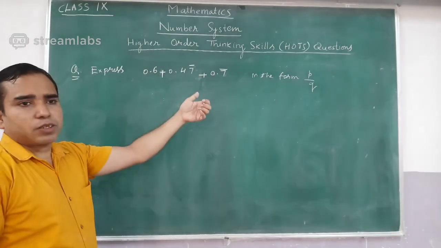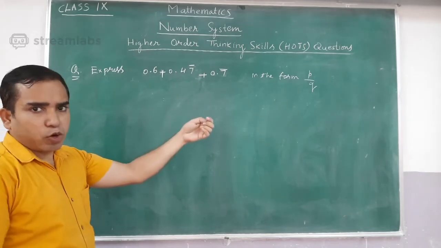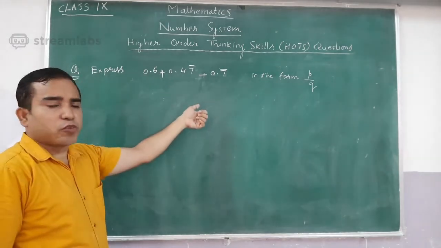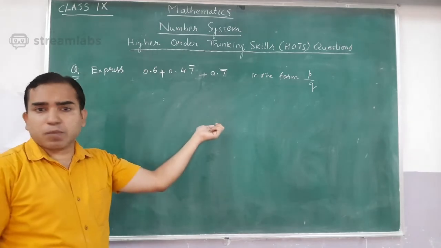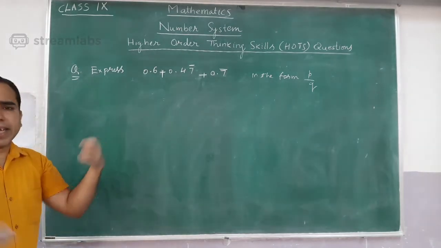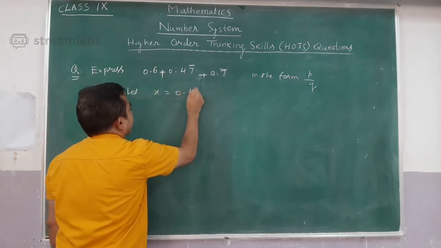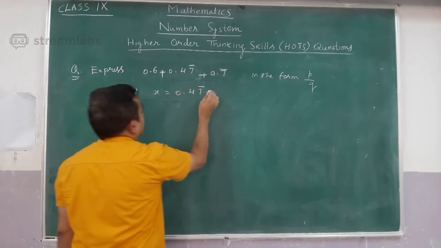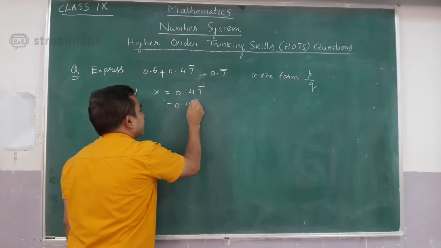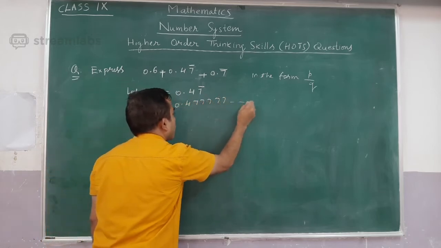Let us convert 0.7 bar separately in P upon Q form, and 0.6 is 6 upon 10, nothing else, right? And then let's take x. Let x equal 0.47 bar, which I am going to write in expanded form as 0.4777777.